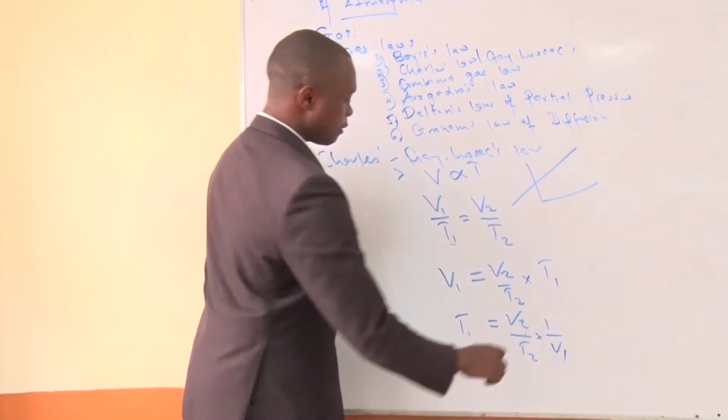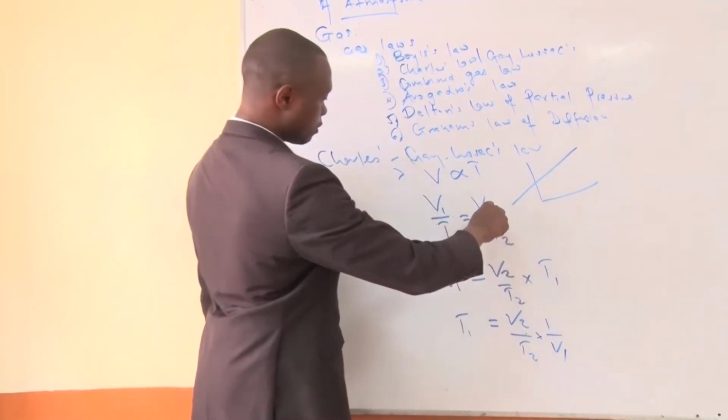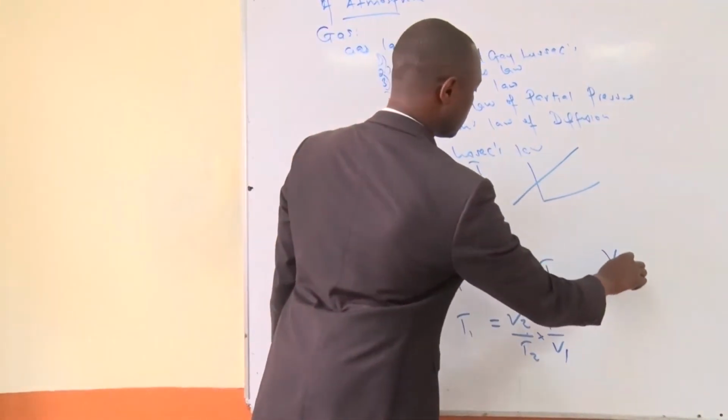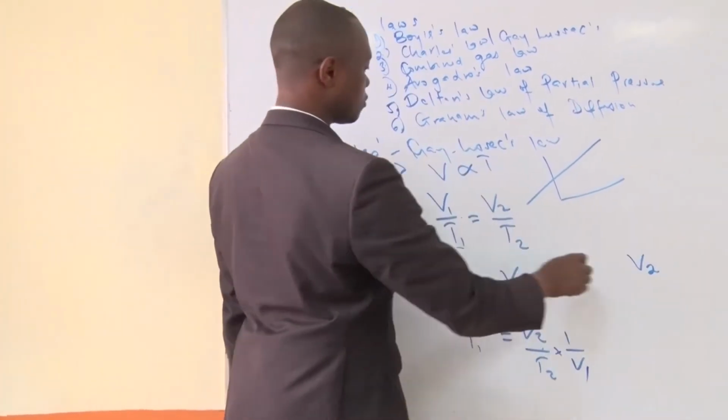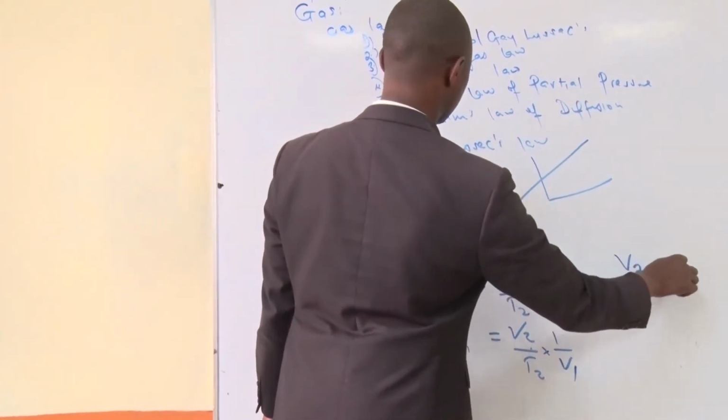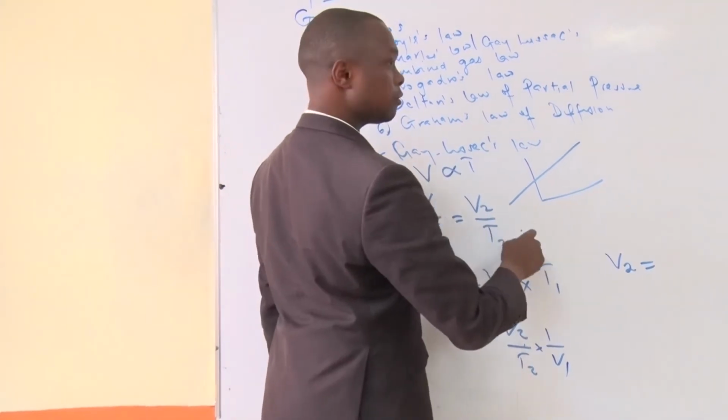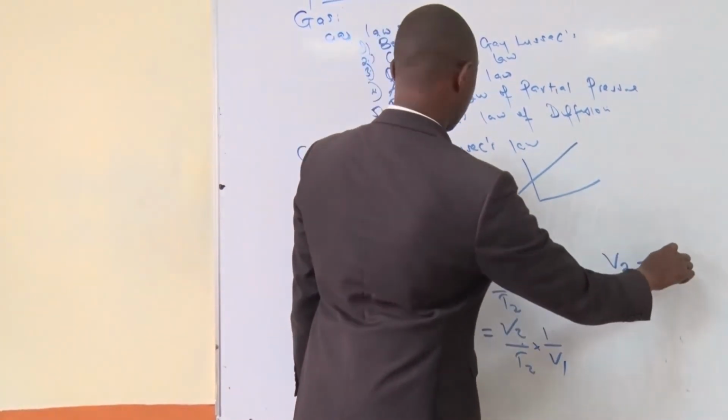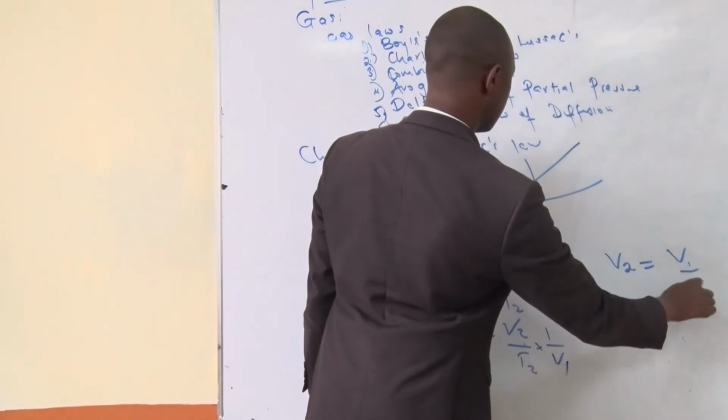Now, let's look for V2. V2 is equal to V1 over T1.